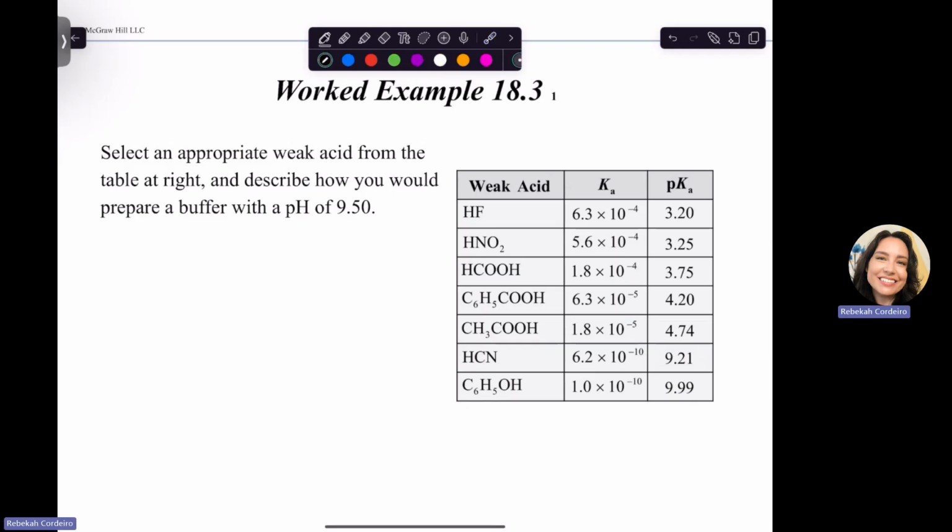So let's pick our HCN because it's got the closest to 9.5. You probably could also pick this one, but the HCN is closest. So pH, we want 9.5, equals pKa 9.21, plus log of, I need to know what's that ratio, and just solve for x.